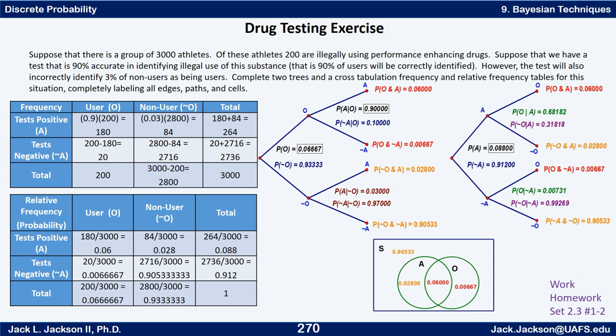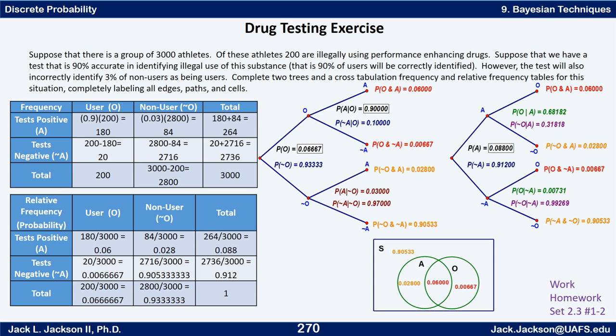And of the 2,800 non-users, 84 will test positive. Okay, and 20 of the users will test negative, and of course most of the non-users, 2,716, will test negative as well. And so you can see the percentages.